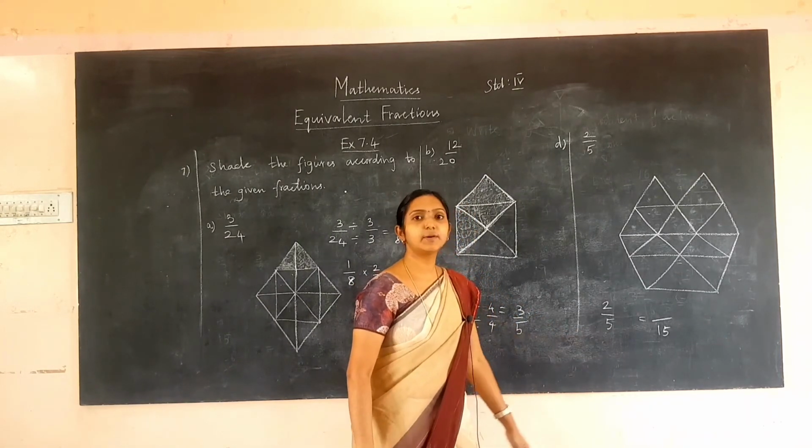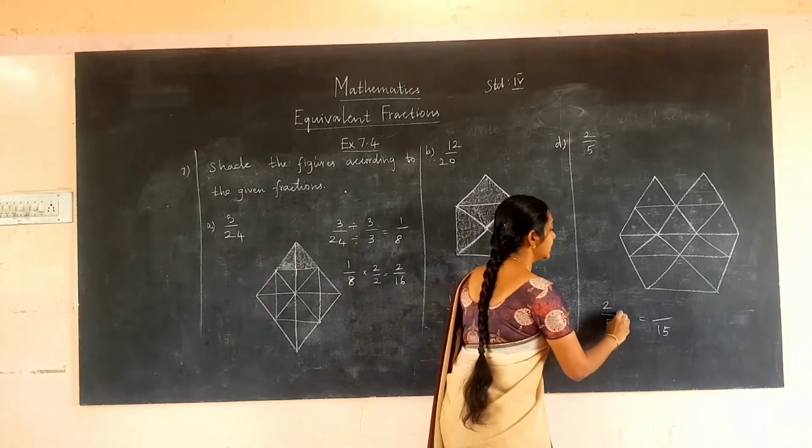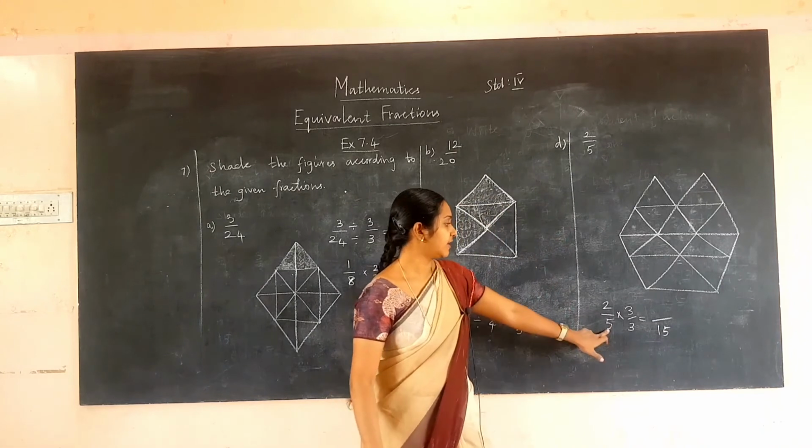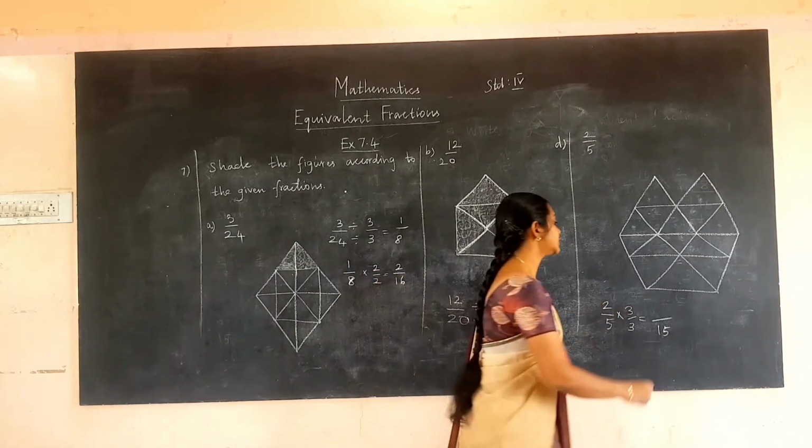So multiply it by 3. Only if we multiply by 3 we will get 15 in the denominator. 5 3s are 15, 3 into 2 is 6.